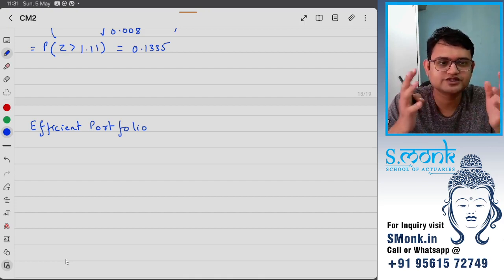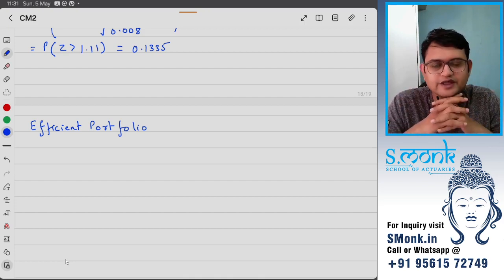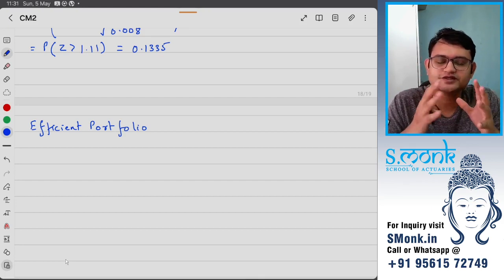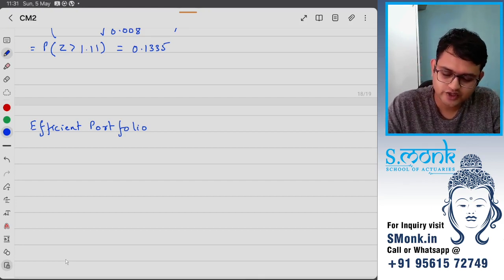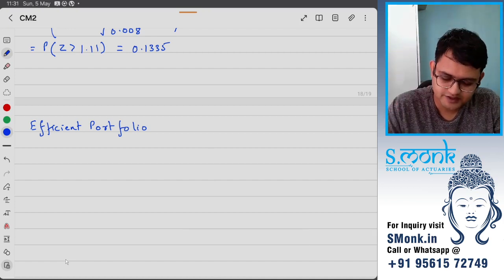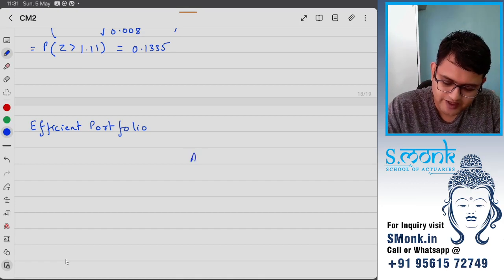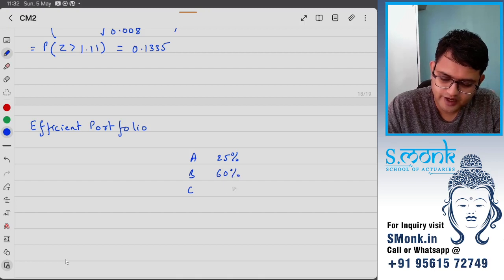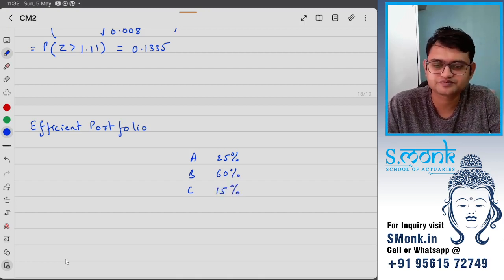Okay, average returns, we'll talk about how we calculate the average returns later, but you will get certain average returns. Let's not go for 10, let's go for 3. So let's say you have assets A, B and C. Okay, you invested 25% here, 60% here and 50% here. This is how you have invested your money.